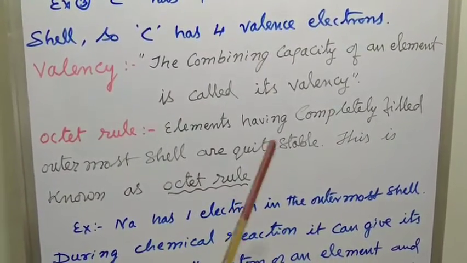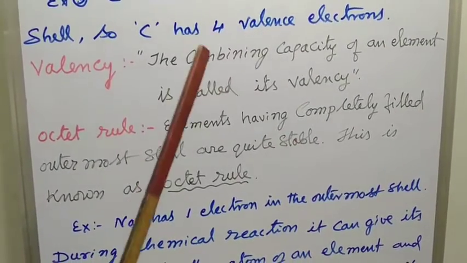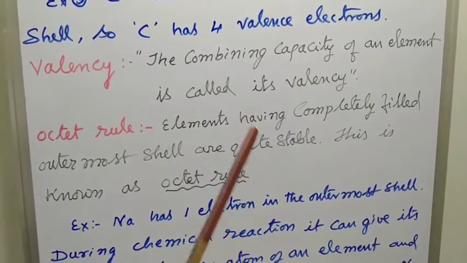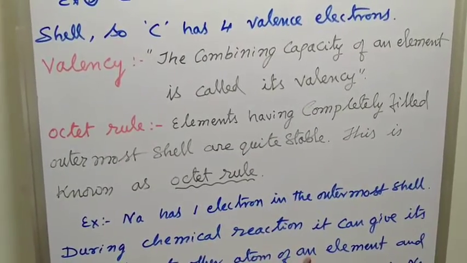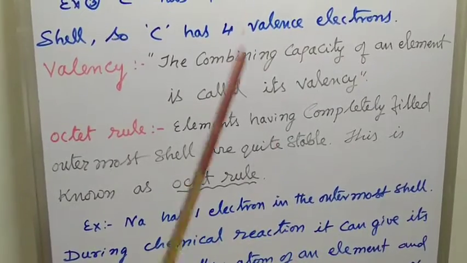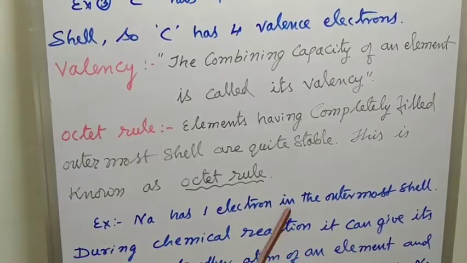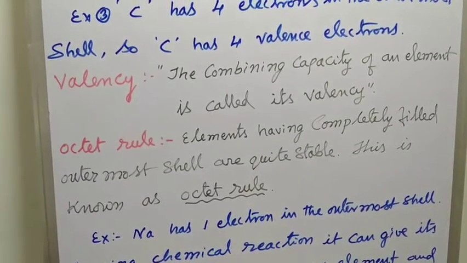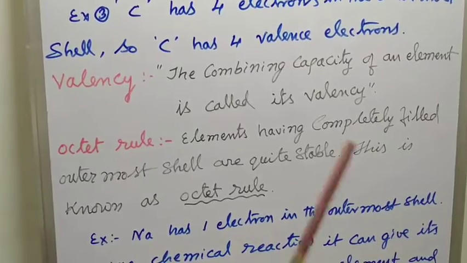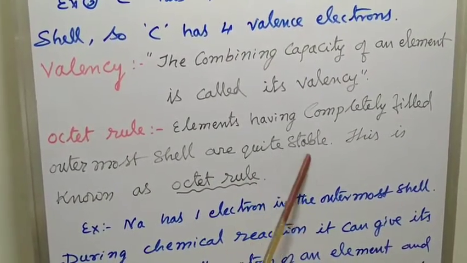That means if an element, like helium, has only one shell, it is completely filled with two electrons, and its valency is 0. All other elements tend to get an octet. By giving or by taking electrons, they become stable atoms.